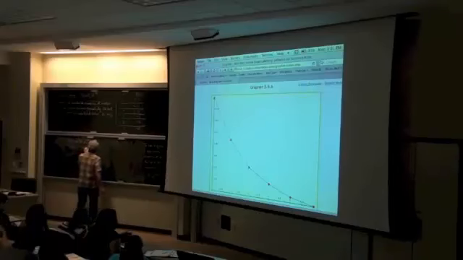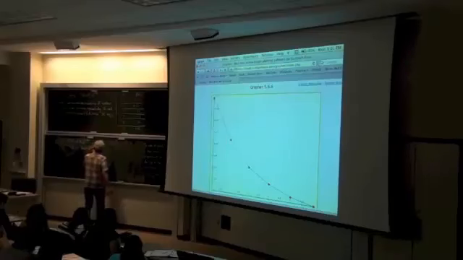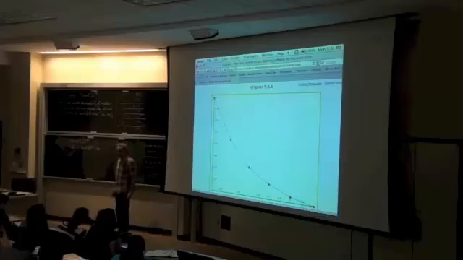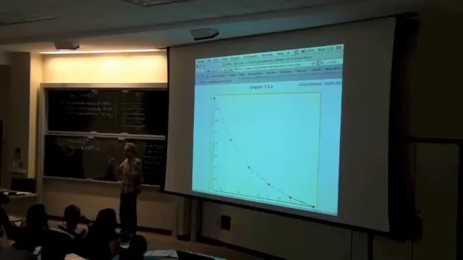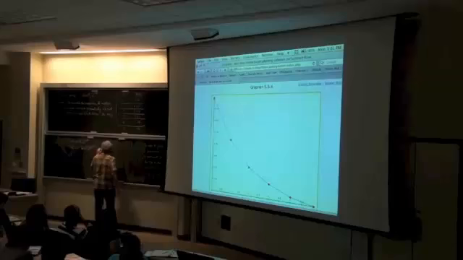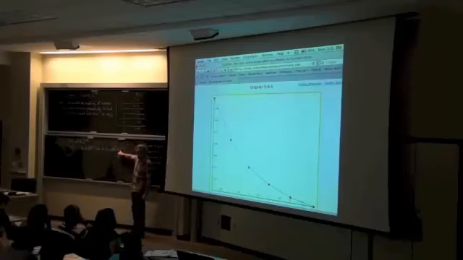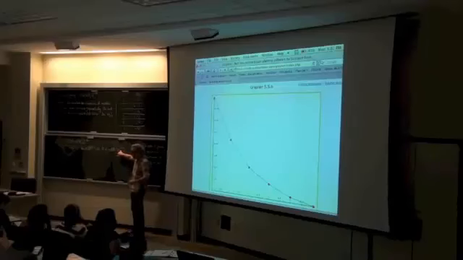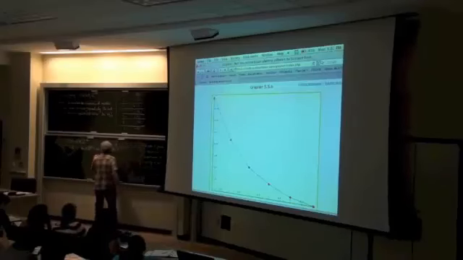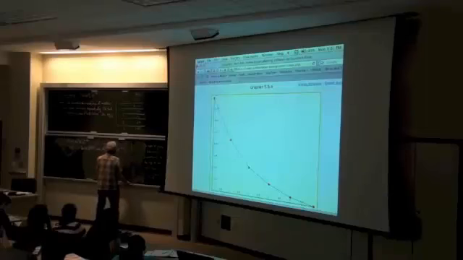Log A, C. The log of a product is the sum of the logs. Log of e to the minus kt: get rid of the e and get rid of the log. They're inverse functions to each other.